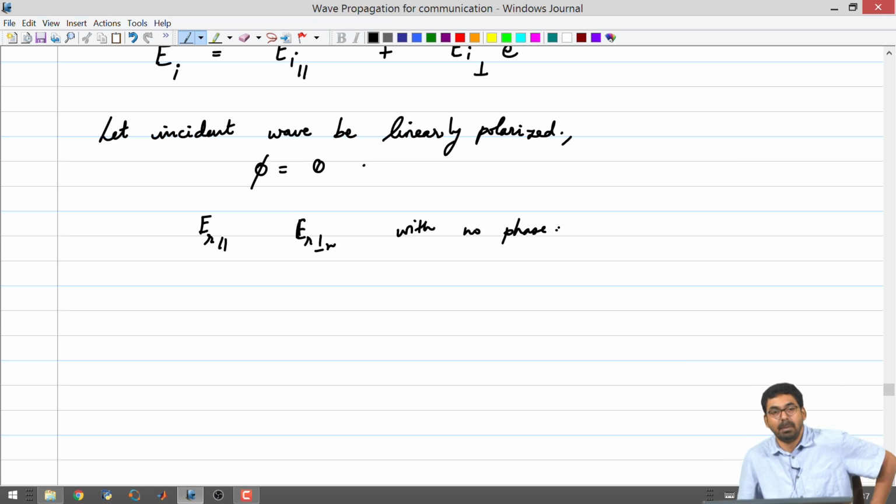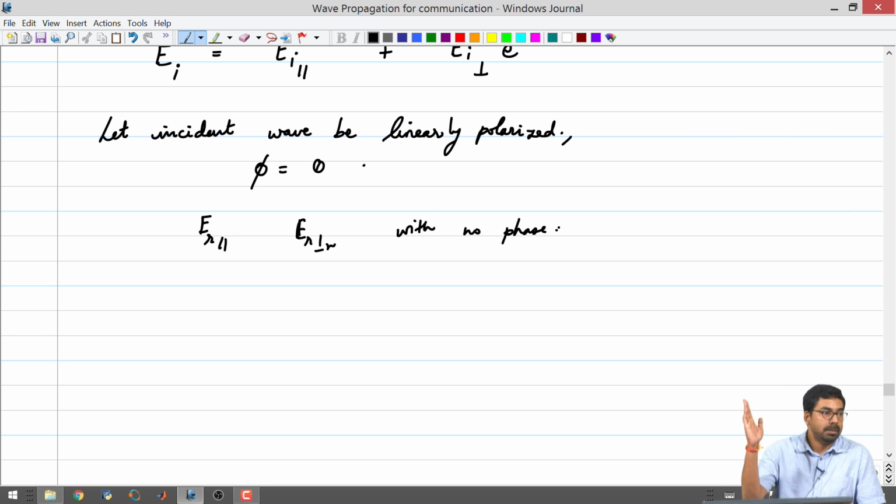So, if you have to add them up together, you will immediately realize that ER is also going to be linearly polarized, but ER parallel value is not the same as ER perpendicular value, that is the reflection coefficients are not identical. So, the linearly polarized wave could undergo a change in angle at which it is polarized simply because the y component or the perpendicular component is different from the parallel component, that is all, but it will remain linearly polarized.